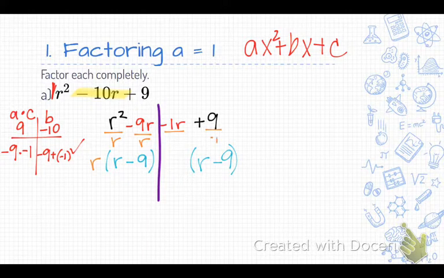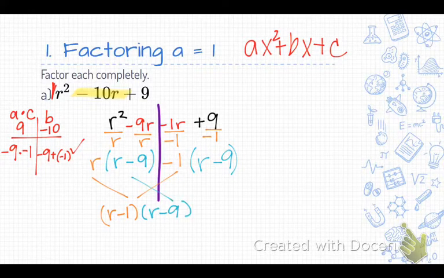Yeah, I have a negative 1 because negative 1r divided by negative 1 is positive r. Positive 9 divided by negative 1 is negative 9. So this is the number that comes out here. Okay. Now, to write this as my set of factors, I have r minus 1 as one factor, and r minus 9 is my other factor. Okay.